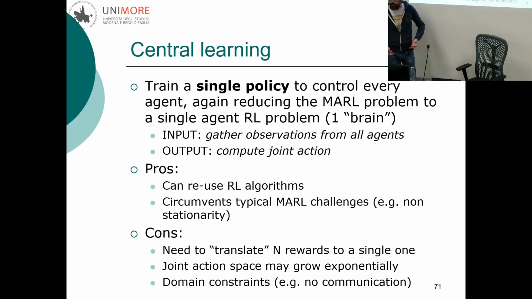So again, you have a huge state space. In independent learning, no. Each agent has only its 4 adjacent cells. So in this case, you may have this computational problem.